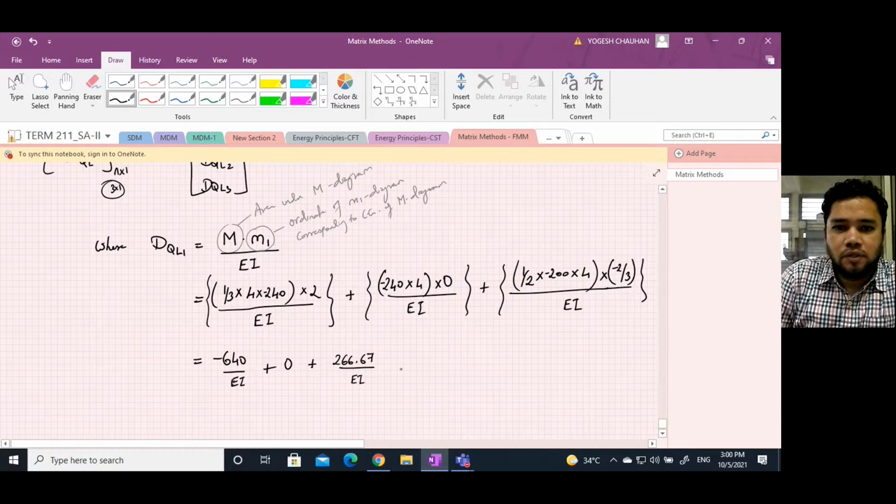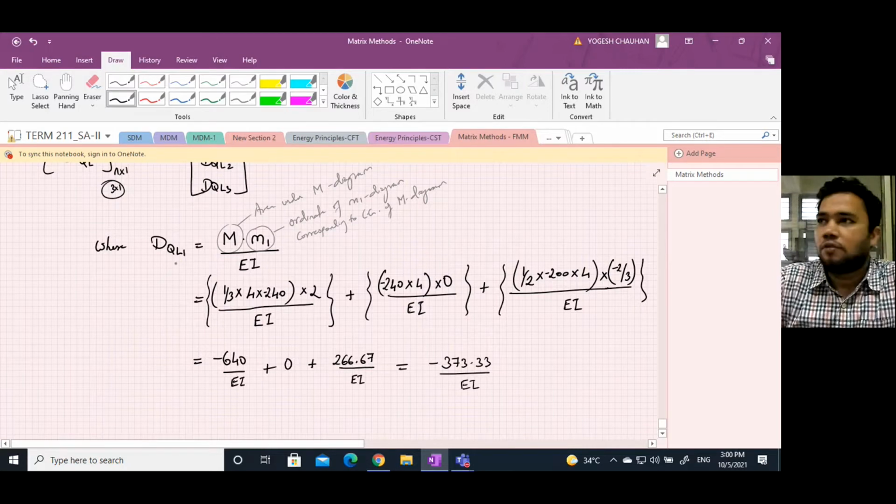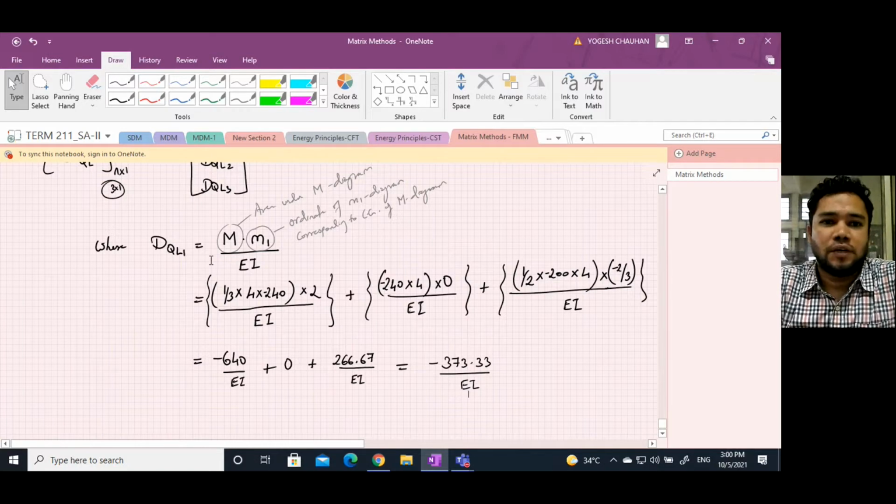This minus minus will become plus, so this will be equal to minus 373.33 by EI. So that is your DQ L1. Clear? First, for capital M you take the area, and for small m1 you take the ordinate.